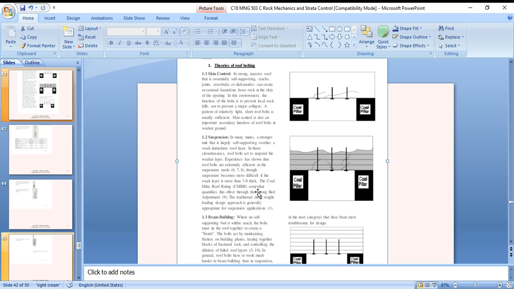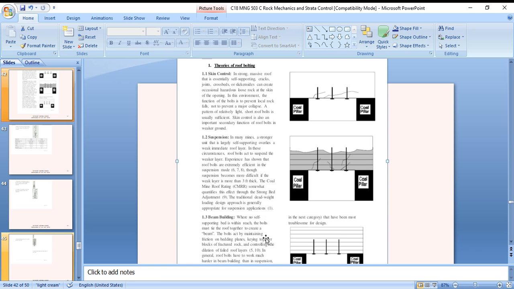Suspension becomes more difficult if the weaker layer is more than 3 feet thick. The coal mine roof rating somewhat quantifies this effect through the strong bed adjustment. The traditional dead weight loading design approach is generally appropriate for suspension applications.